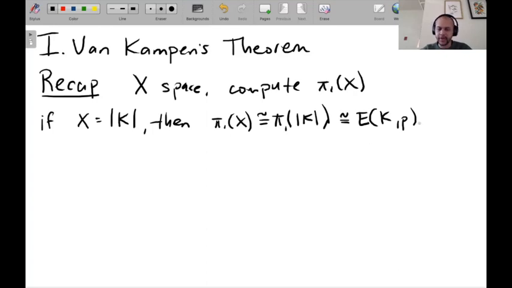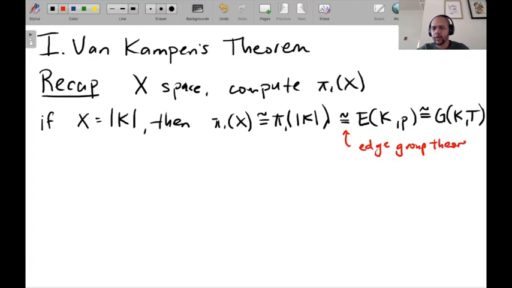And this we gave a presentation for, which we call GKT, and T is a maximal tree in this simplicial complex. So all of these isomorphisms are proved except for this one, which we'll call the edge group theorem. And we'll prove that later this week.